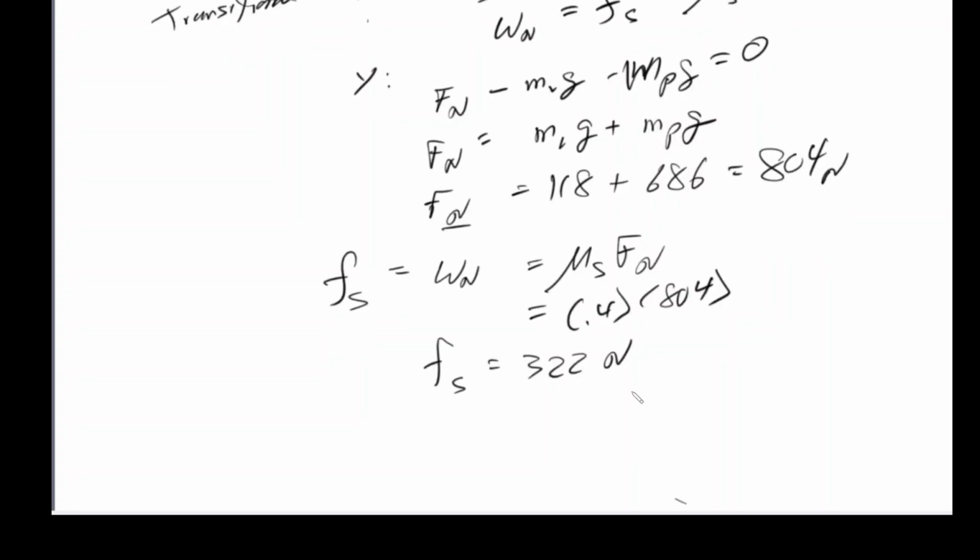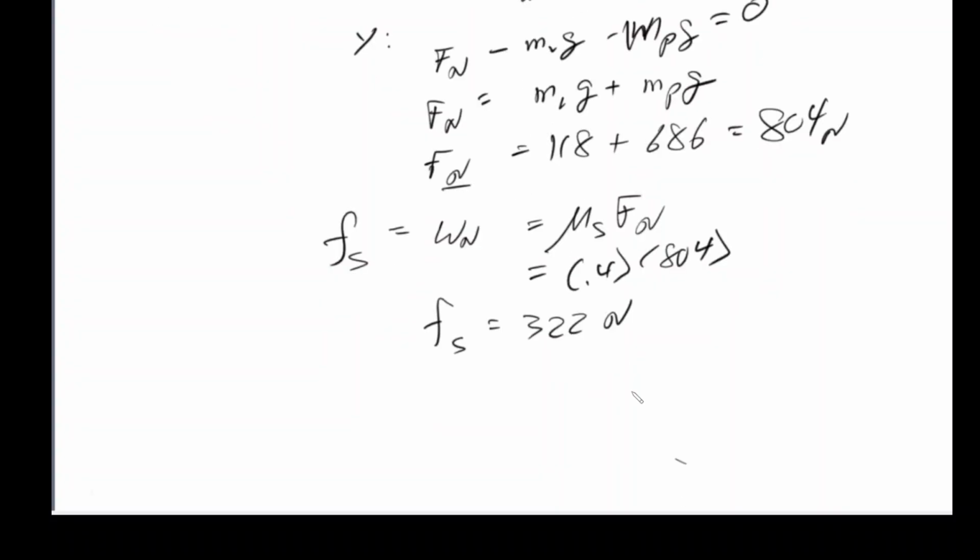And we're going to say that this is the maximal point before the static friction slips and the ladder moves. And so that's what Wn is. This is the maximum frictional force we can obtain from the weight of the person on the ladder.